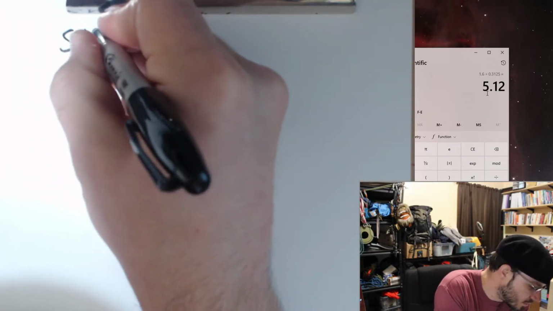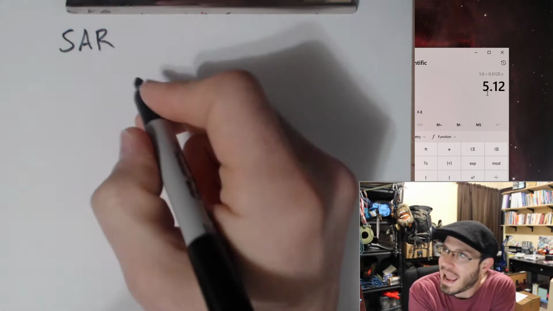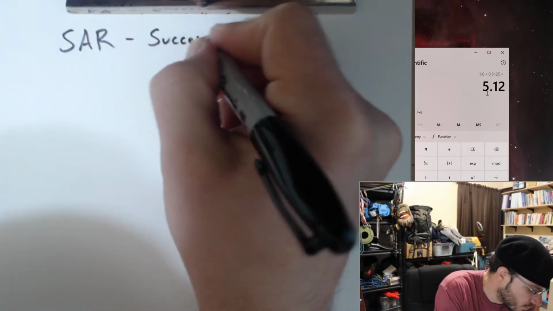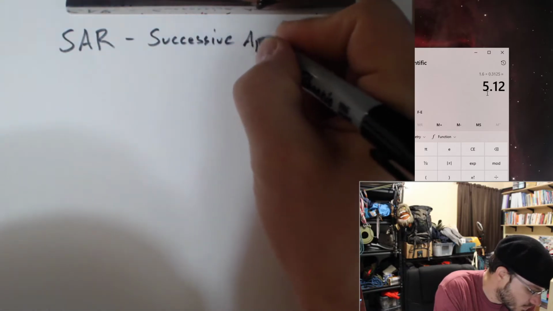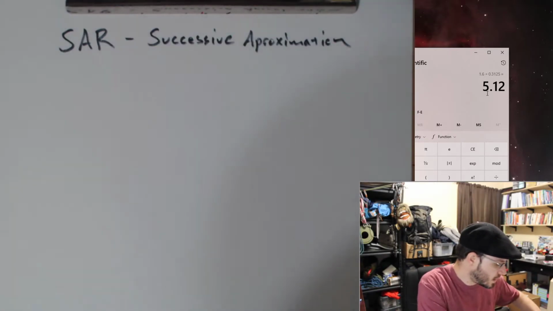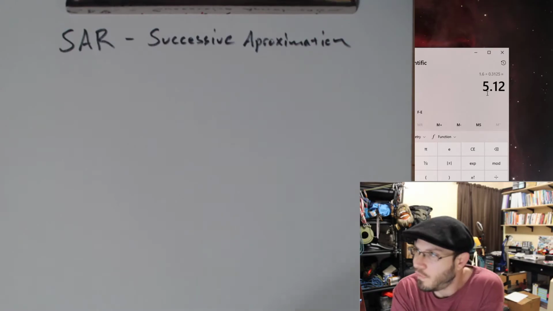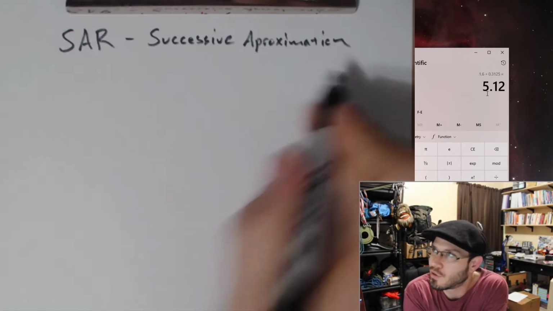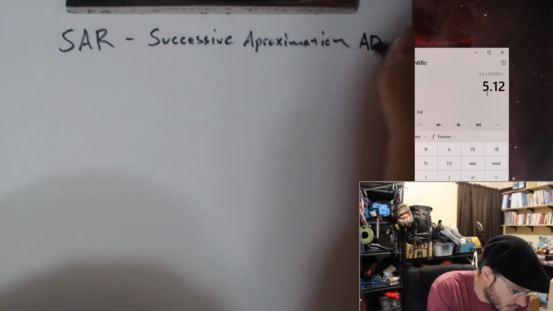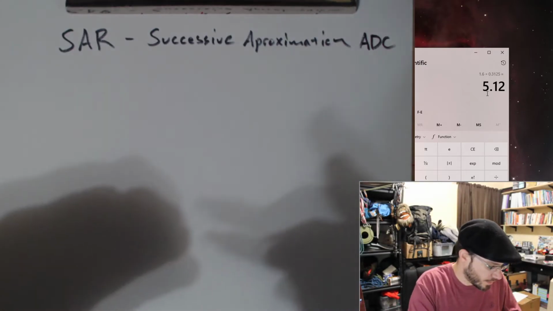The successive approximation topology for constructing an analog digital converter, well, we call it a SAR ADC. And we're going to have to put a few things together in order to construct our ADC, or our analog digital converter.